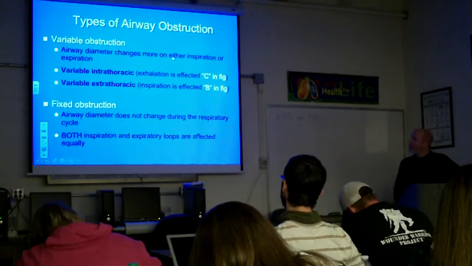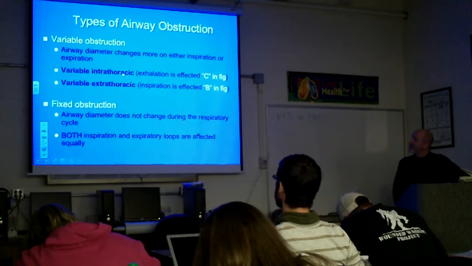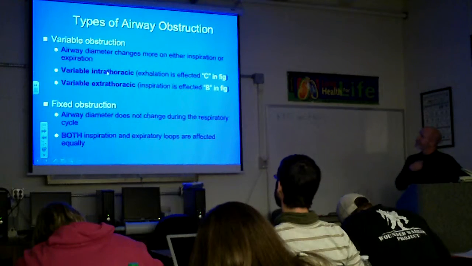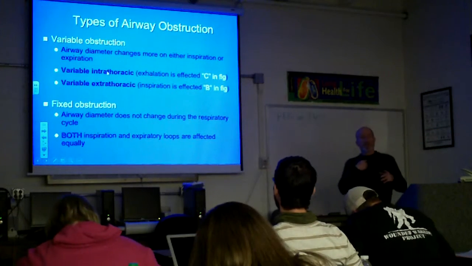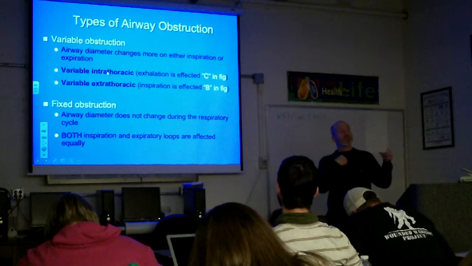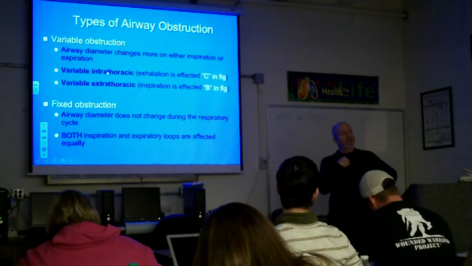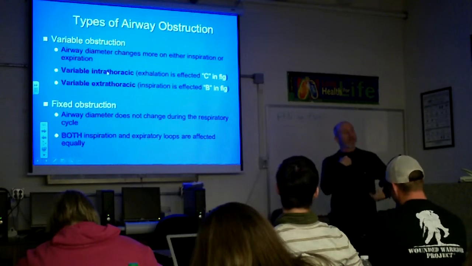Now we can figure out if it's in the chest or outside the chest. If it's within the chest, the airways are normally getting smaller when you're exhaling, so if you already have a narrowing there, it's going to be exaggerated on the exhalation phase.